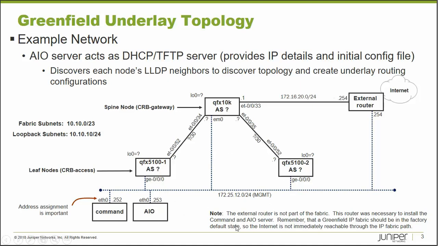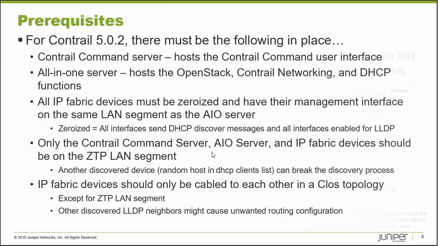It can do that because of that initial config file that's going to be TFTP'd to these devices, and it's going to discover what the neighbors are of each device. So they need to be zeroized so they can discover their LLDP neighbors on the IP fabric links.